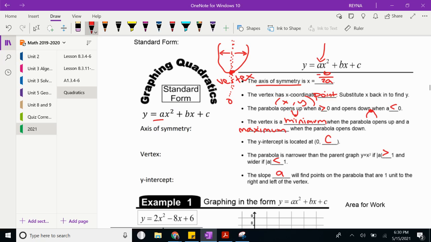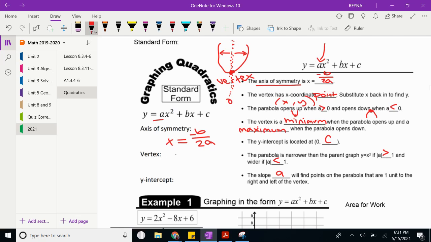So here's just information that could be helpful when you have standard form. As a reminder, if you're trying to find your axis of symmetry, it is x equals negative b divided by 2a.